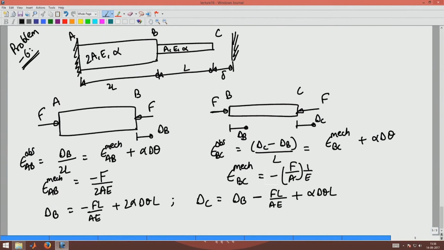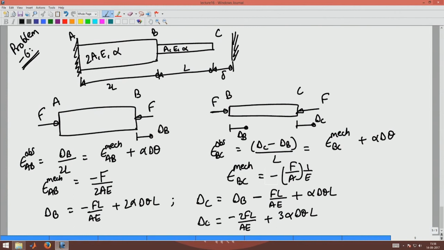Substituting for delta B, this will be minus 2 FL by AE plus 3 alpha delta theta into L would be delta C.